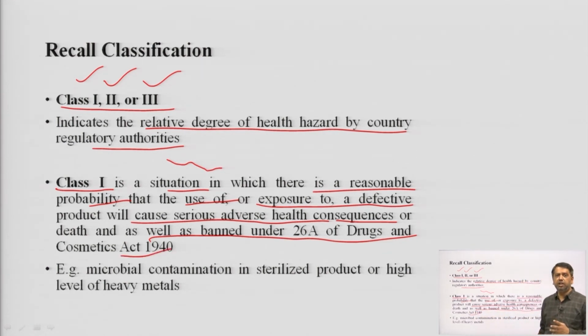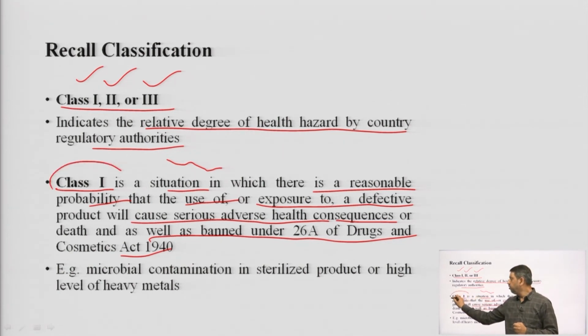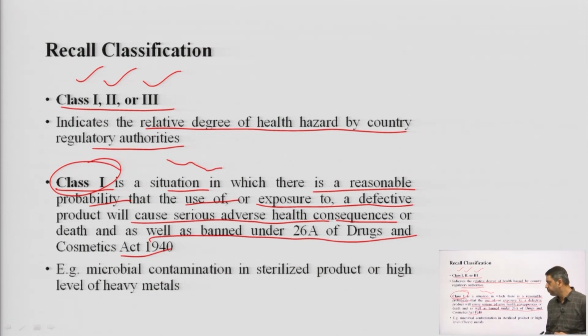So, a class 1 recall is initiated when there is a chance of a serious health hazard to patients, or when the government has included a drug in the banned list. Those products should be recalled immediately from the market, and such recalls are classified as class 1.